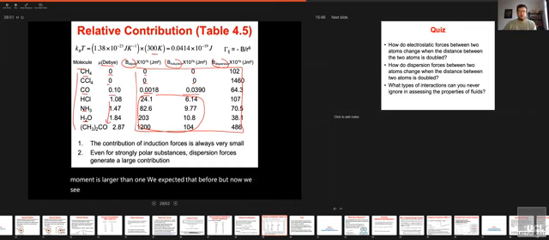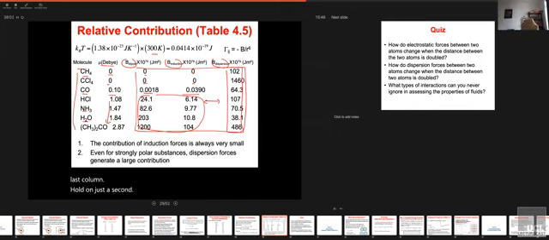And it becomes even more evident when we compare these interactions to the dispersion forces. These are in this last column. And what you see in this last column is that you always have relatively large numbers. And even so, when the dipole moment was 0, the dispersion force is still 100.